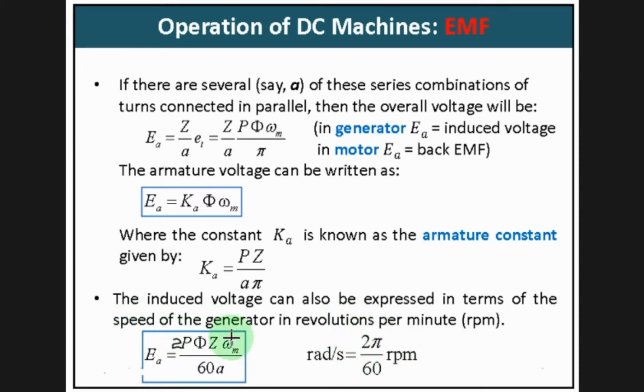So that conversion has happened here. This is giving either the back EMF generated in the case of a motor, or the normal induced voltage in the case of a generator.